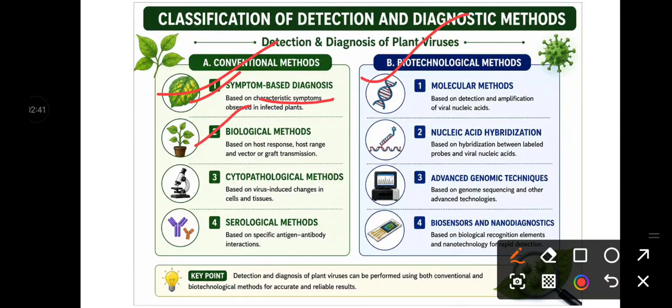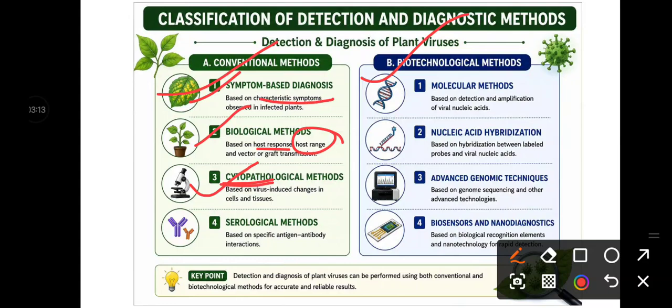Then the biological method. In the biological method, host response, or the use of indicator plants, is used: a particular indicator plant will be used for detecting the particular virus. Next, the cytopathological method. In this method, virus induces some changes in cells or tissue, so at the cell level, the virus-induced changes will be studied, for example, production of inclusion bodies.